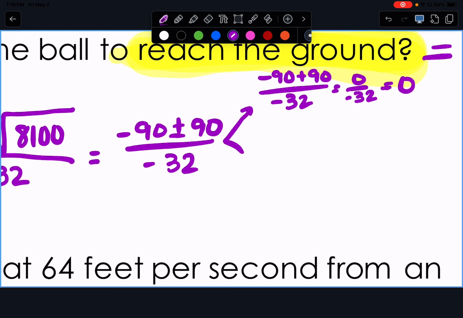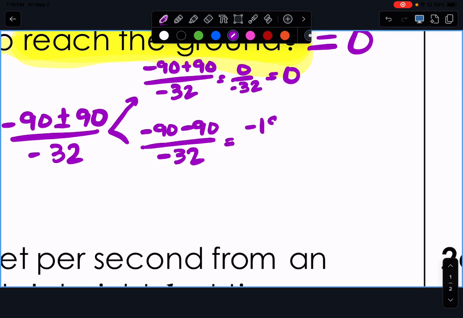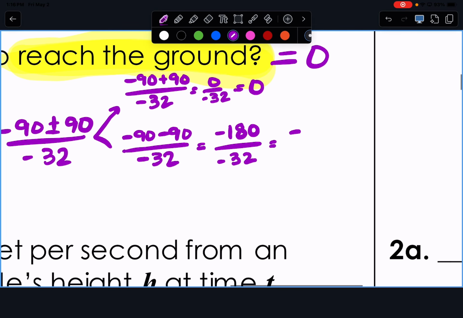Then the second one would be negative 90 minus 90 divided by negative 32. What is negative 90 minus 90? Negative 180. What is negative 180 divided by negative 32? It is 5.625. Does the 5 round the 2? Yes. So it should be 5.63.